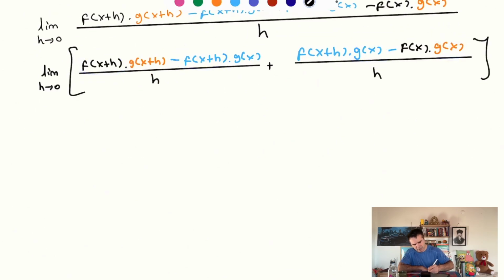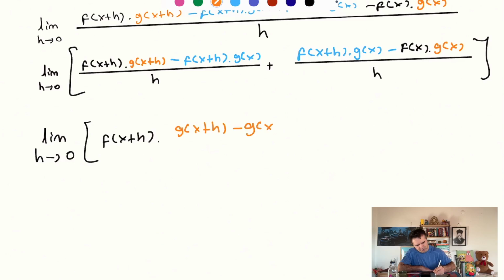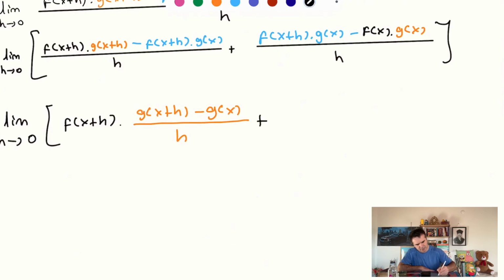Then we can write this limit as f of x plus h times g of x plus h minus g of x over h, and plus, let's take g of x outside, g of x times f of x plus h minus f of x over h.